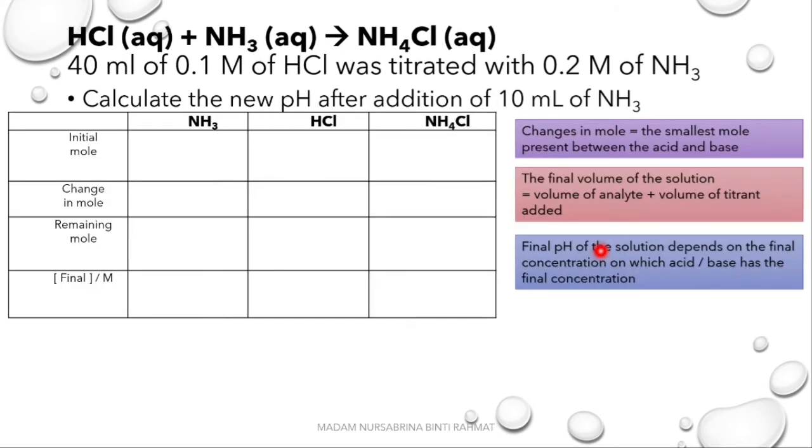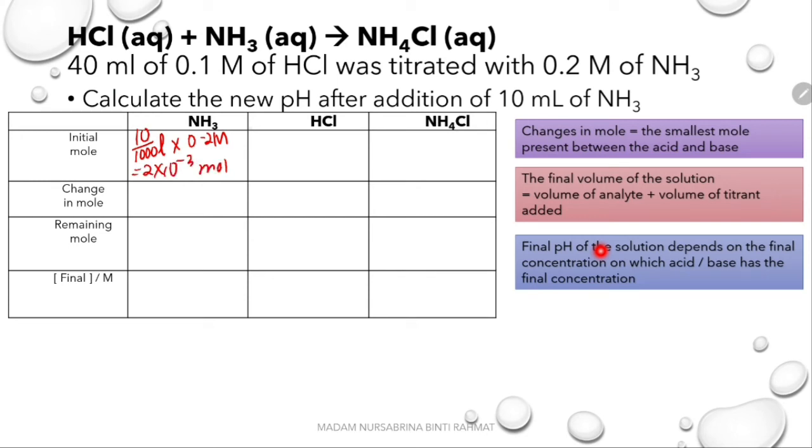Alright, so let's look at what happens if I add 10 milliliters of my ammonia. You need to calculate the initial moles. My ammonia is 10 milliliters over 1000, converted to liters, times the concentration, which is 0.2 molar. So this equals 2 times 10 to the power of negative 3 mole.